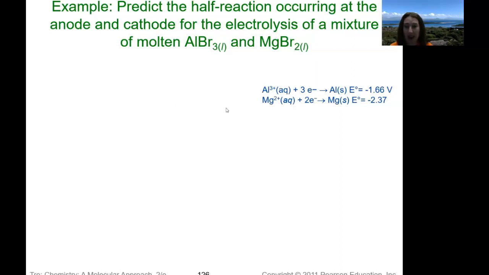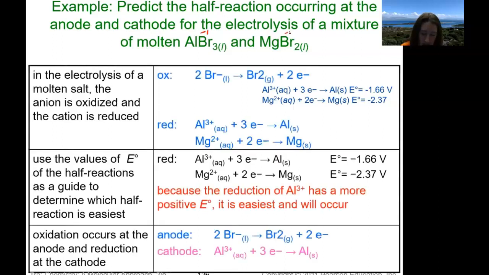So we have all of those ions flying through here. First of all, we know that bromine will have to oxidize, because Br minus can't gain any more electrons. Its oxidation state is -1.